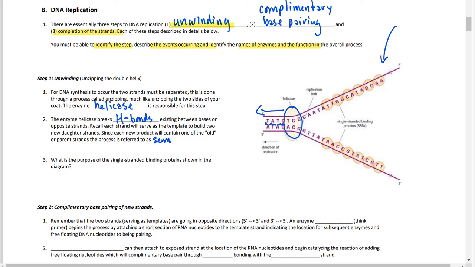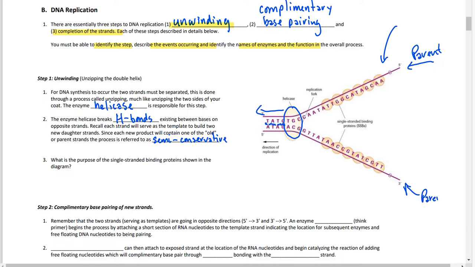And it's referred to as semi-conservative because by the time we're done, and remember back to the cell cycle, meiosis, mitosis, remember back to when we talked about genetics, when we copy the DNA and we end up with those two sister chromatids, each of those chromatids is going to contain one of the parent strands. So you've got a parent strand here, and this is a parent strand.